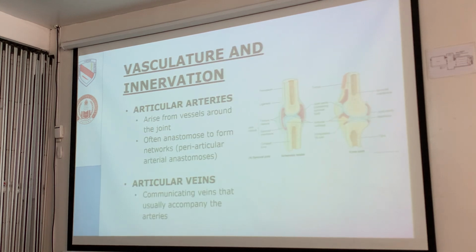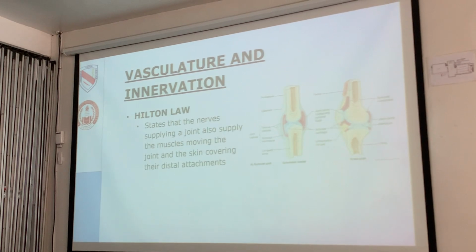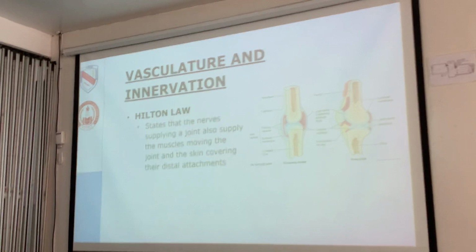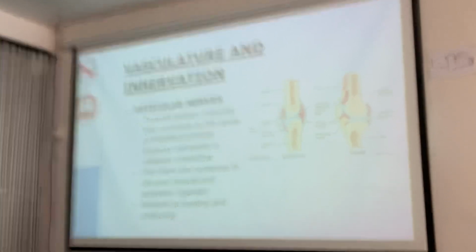As for the vasculature, your articular arteries arise from the vessels of the joint and often anastomose to form networks. The veins are usually together with your arteries, usually accompanying arteries. Then you have Hilton's law, which states that the nerves supplying the joint also supply the muscles moving the joint and the skin covering their distal attachments. These are the articular nerves.